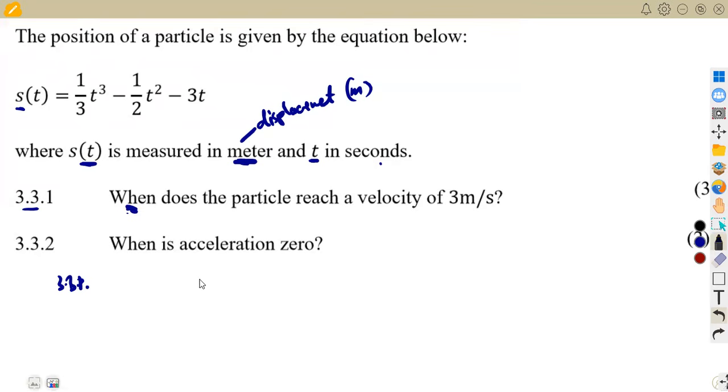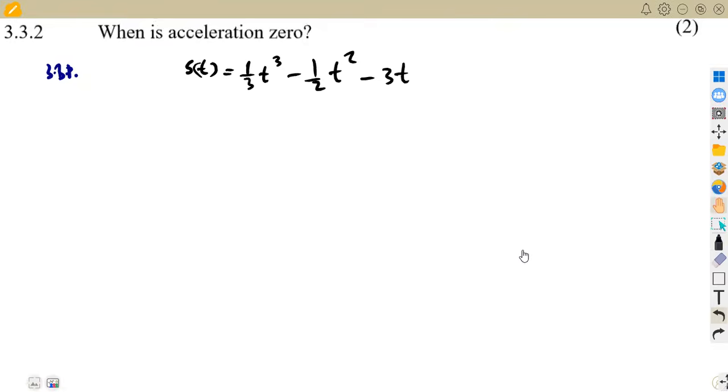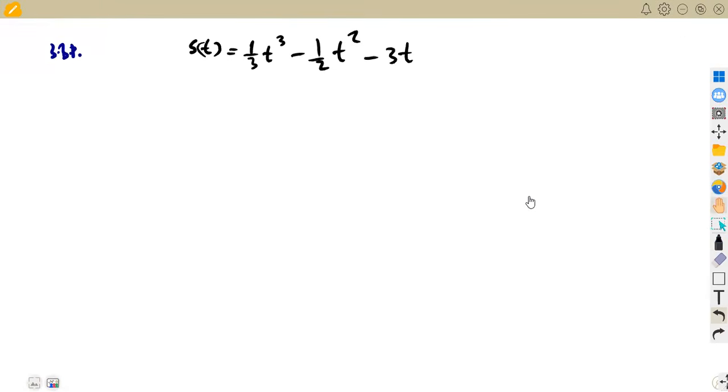So we are going to have our s(t) in this case being equal to a third t cubed minus half t squared minus 3t, like this. So we are saying, when is it going to reach this? When it is 3 meters per second. What is 3 meters per second? That's our velocity.